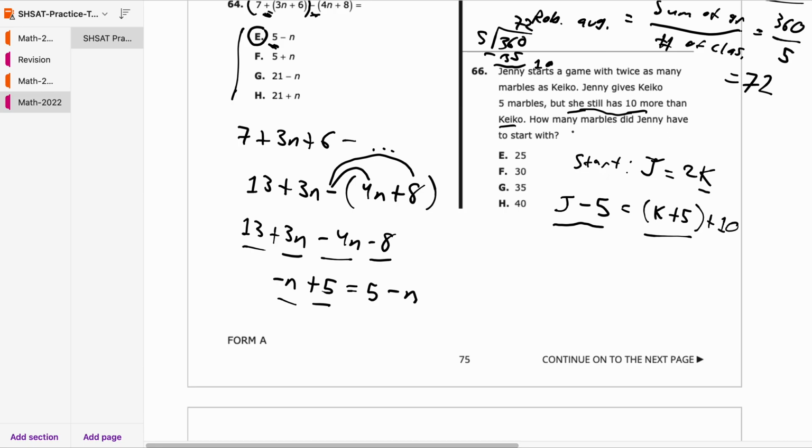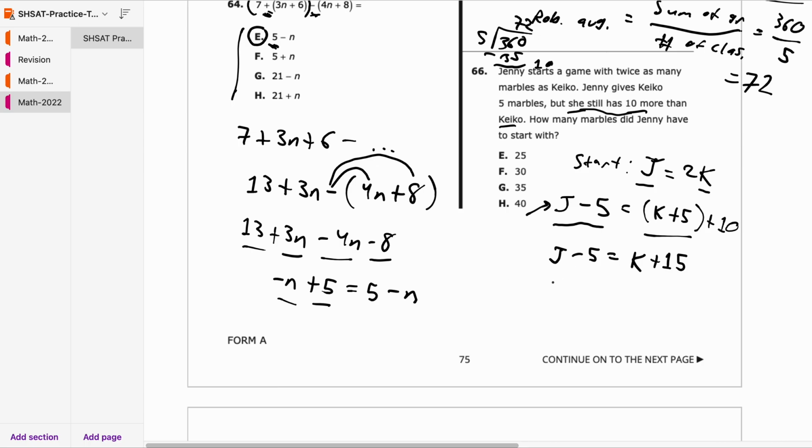And so we want to know how many marbles Jenny had to start with. So Jenny had J marbles to start with, so we're going to solve for J. So let's take this second equation and let's simplify it. So J minus 5 on the left hand side, and then we have K plus 15 on the right hand side.